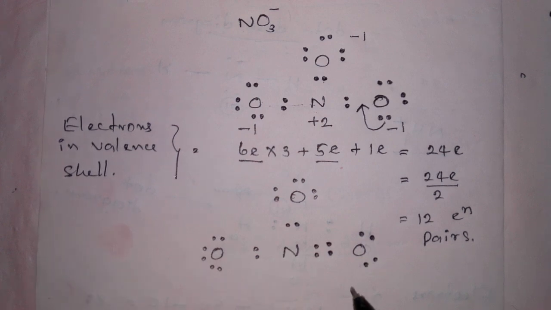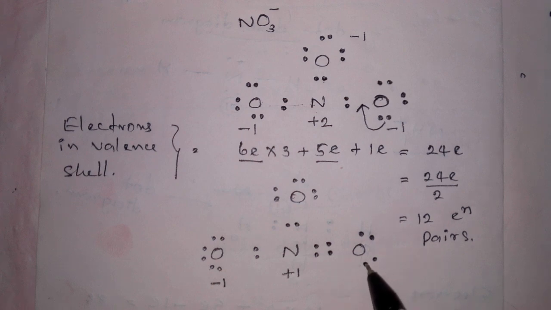Let's calculate formal charges again. Consider about this oxygen, 1 2 3 4 5 6 7, it has an extra electron, so it is -1. This oxygen, 1 2 3 4, so it has 4 electrons now, but it should have 5 electrons, so now we can see it has removed an electron, so it should have +1 charge.